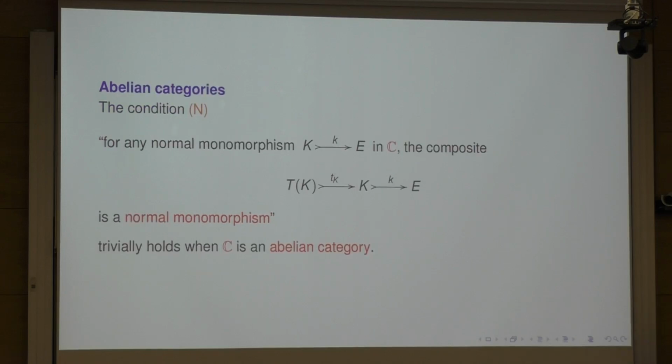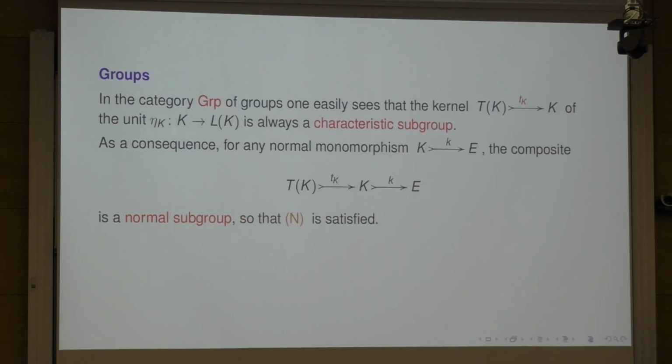So in abelian categories, of course, this is trivial, because if you compose two monomorphisms, you get a mono, which is always a normal mono. So this condition is always satisfied in the abelian world, so you don't see it. In groups, it's easy to check that, as I said, Tk is actually a fully characteristic subgroup. So this implies that this composite Tk followed by K is again a normal subgroup.